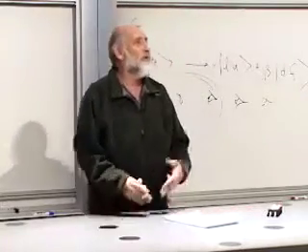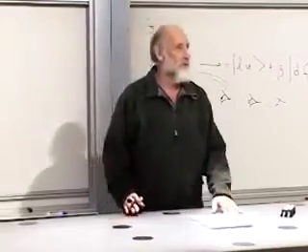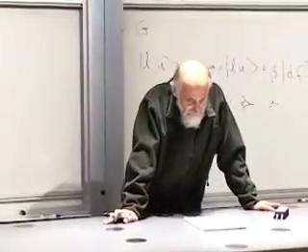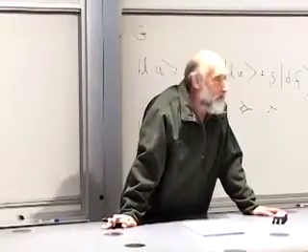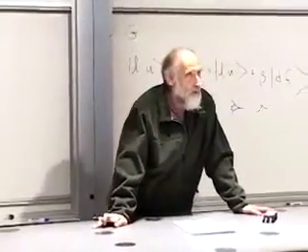You don't know which of those states it is. You know what the system is, but you don't know in which of the states of the system it is. That's what maximizes the entropy.